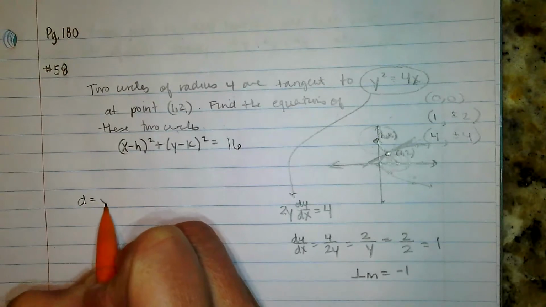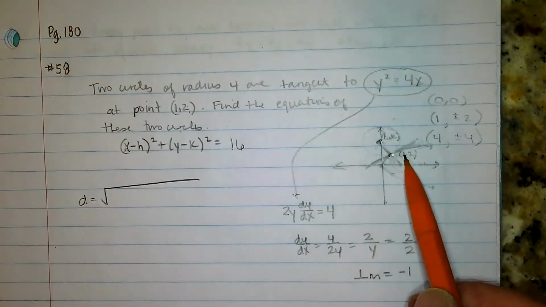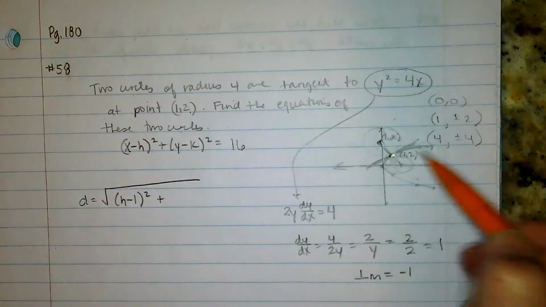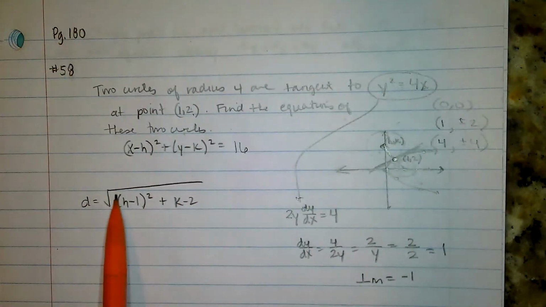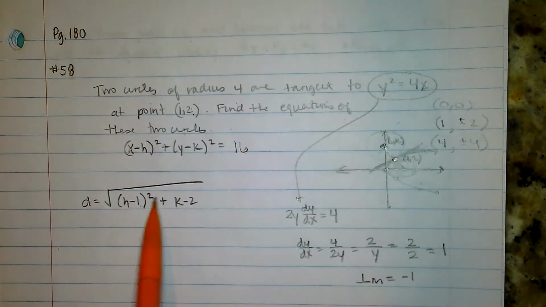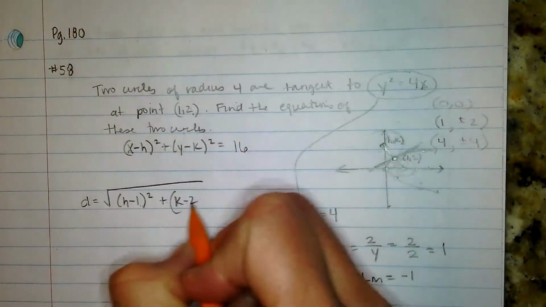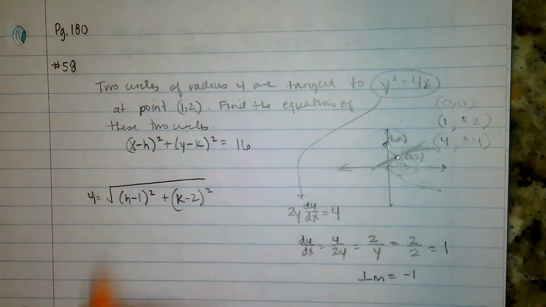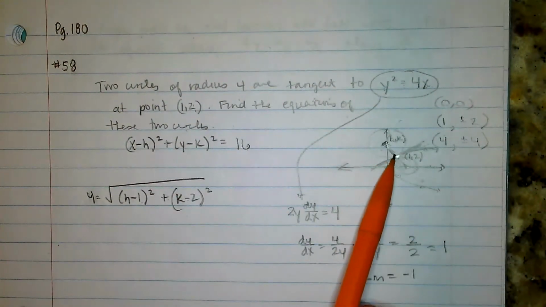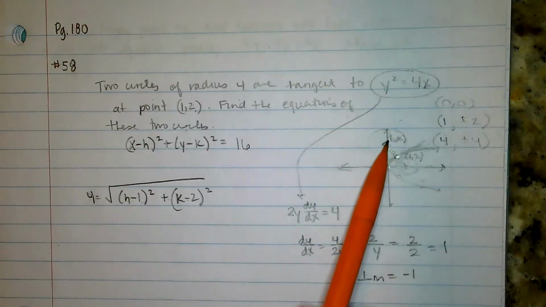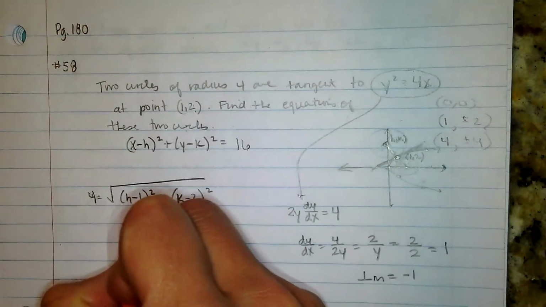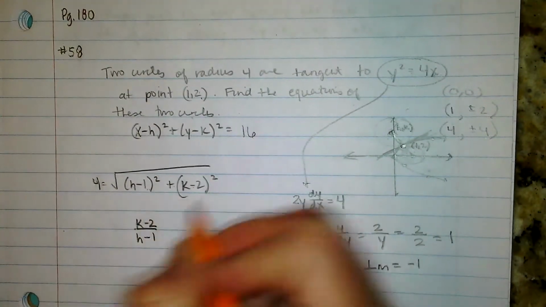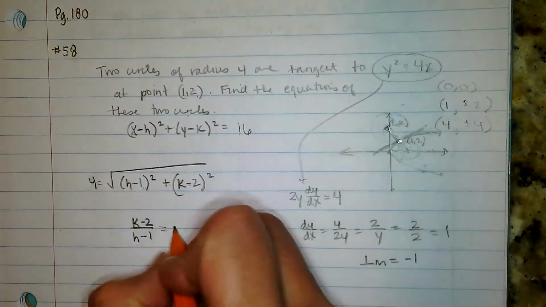So the distance equals the square root of (h minus 1) squared plus (k minus 2) squared, your x1 minus x2 squared plus y2 minus y1 squared, has to equal a distance of 4. We also know that the slope between those 2 points, y2 minus y1, which is k minus 2, over x2 minus x1, h minus 1, has to equal negative 1.